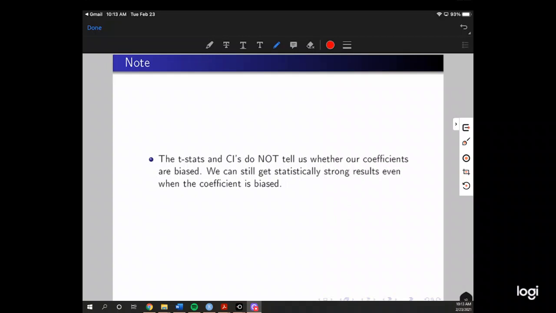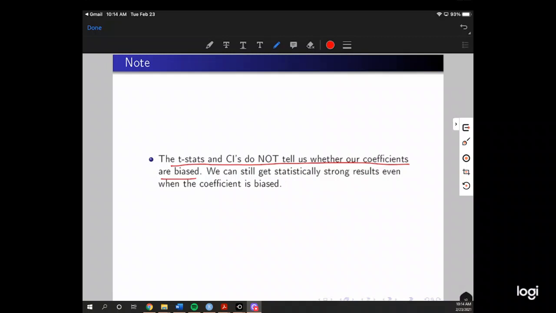One thing to note: the t-stats and confidence intervals do not tell us whether our coefficients are biased. So never think that just because something is statistically significant, it is not biased. That's not true. We can still get statistically strong results even when the coefficients are biased. That's important. Whether a coefficient is biased depends on argument.